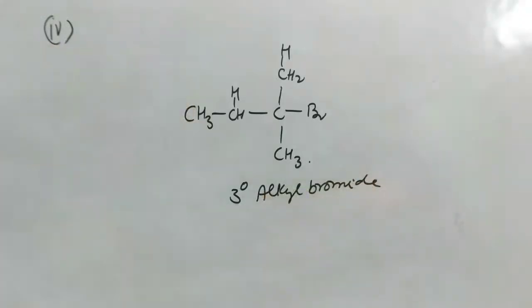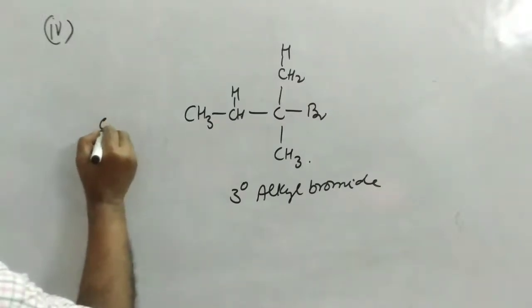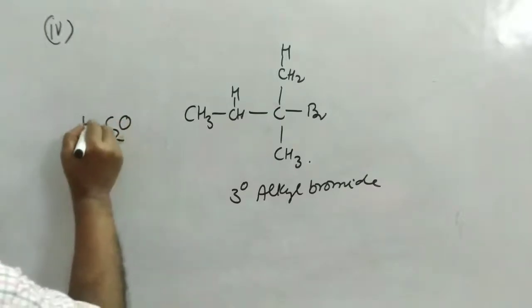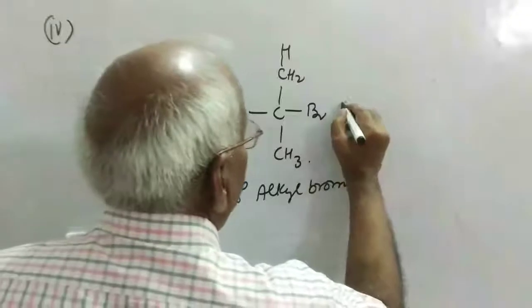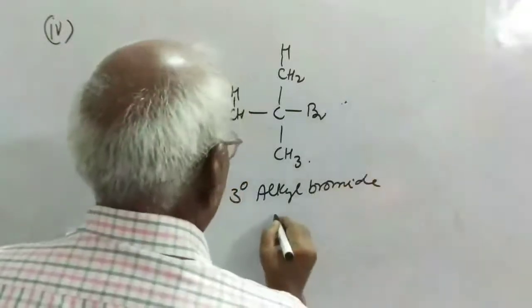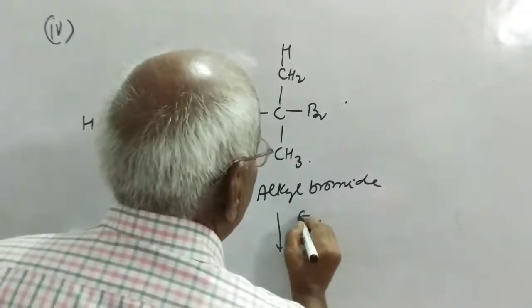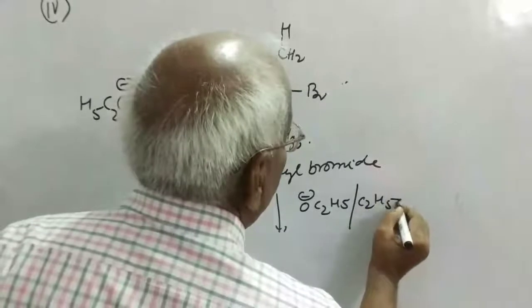It is allowed for E2 reaction. So we take up the base ethoxide ion, C2H5, in presence of ethanol. We see the reaction like that.